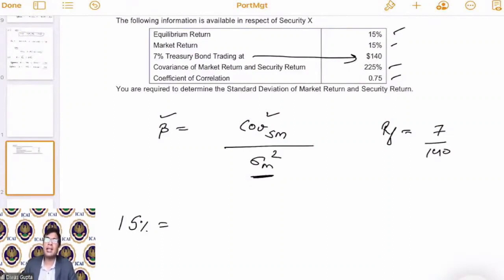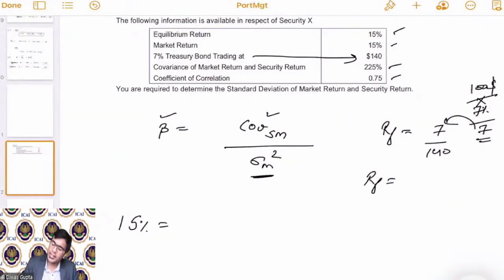If they are trading at $140, what face value is reasonable to assume? We assume the face value is 100 USD. Then 7% into 100 is 7 USD, which is the interest. So we put 7 here, dividing it by 140, which is the current market price. This gives us the current risk-free return, which comes out to be 5%.